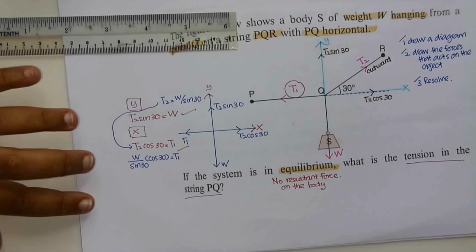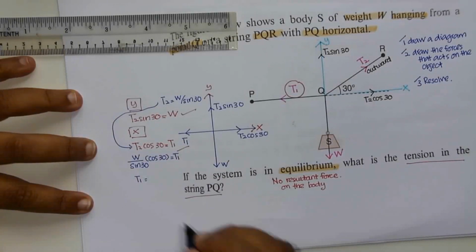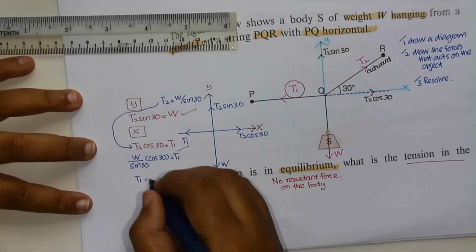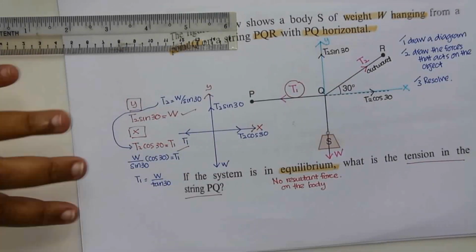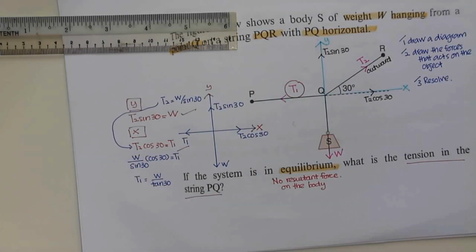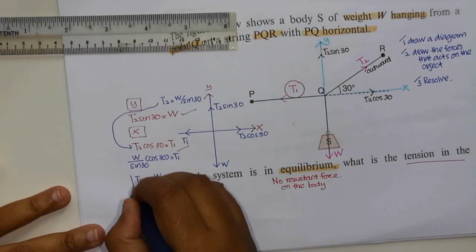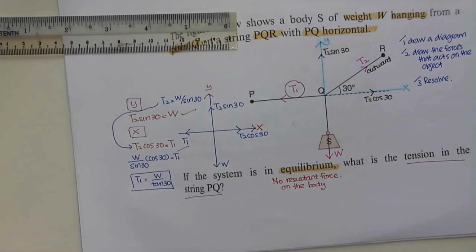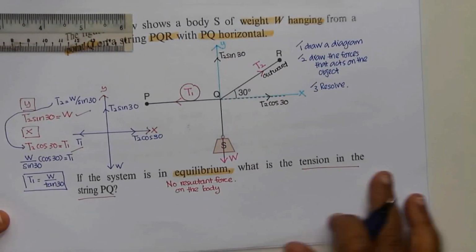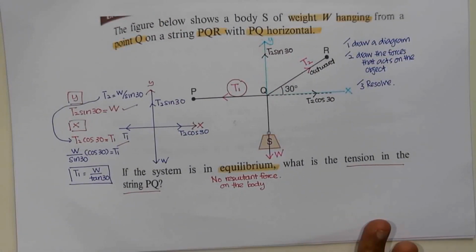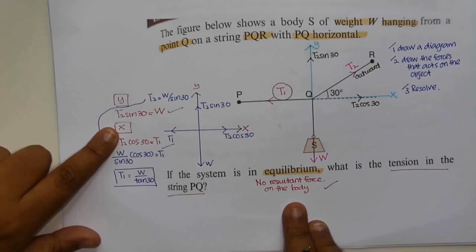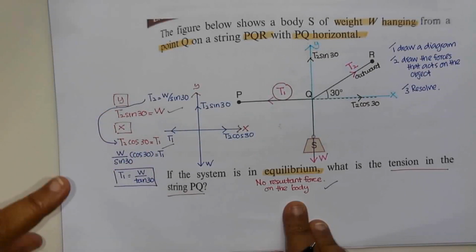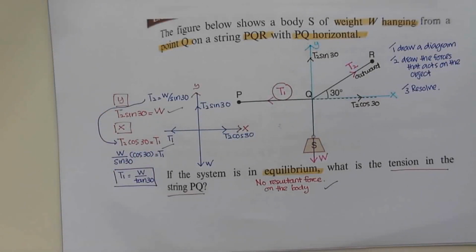That means T1 is equal to W over tan 30. So you got your answer. What is the tension in the string PQ? It is T1 equals this. You see, applying the concept is very important. That's your physics. Then after that, when you solve, it is your maths.